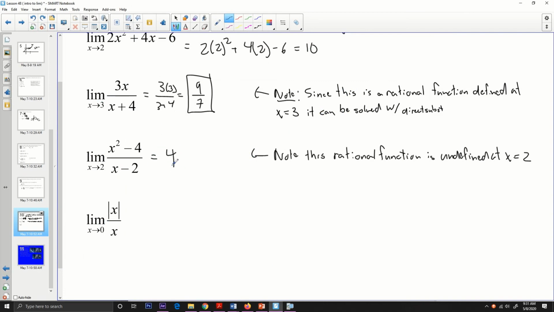You get 4. And finally, the limit as x goes to 0 of x over x, we get, note, this is an indeterminate form when x equals 0.